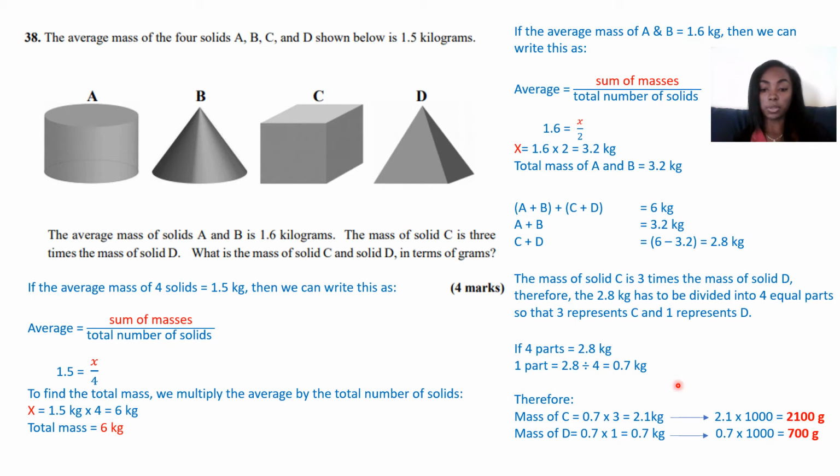So here we're going to put 2.1 multiplied by 1,000 to give us 2,100 grams, and then 0.7 kg. When we multiply this by 1,000, we'll get 700 grams. So once you give your answer in the right unit that I asked for, as well as show your working, you'll be able to obtain your 4 marks for this question.